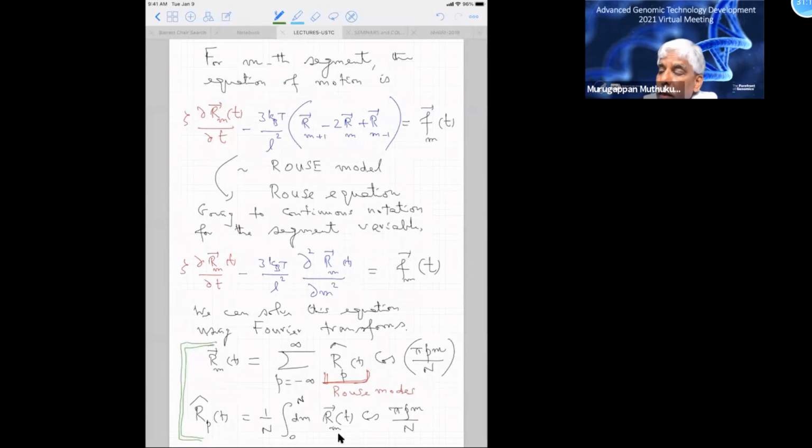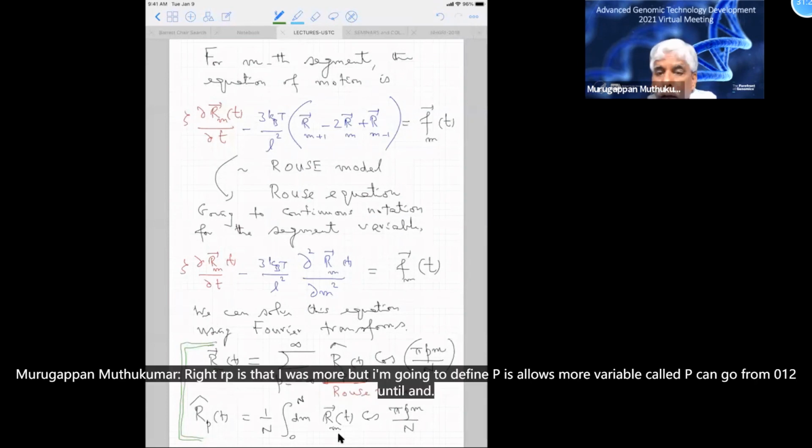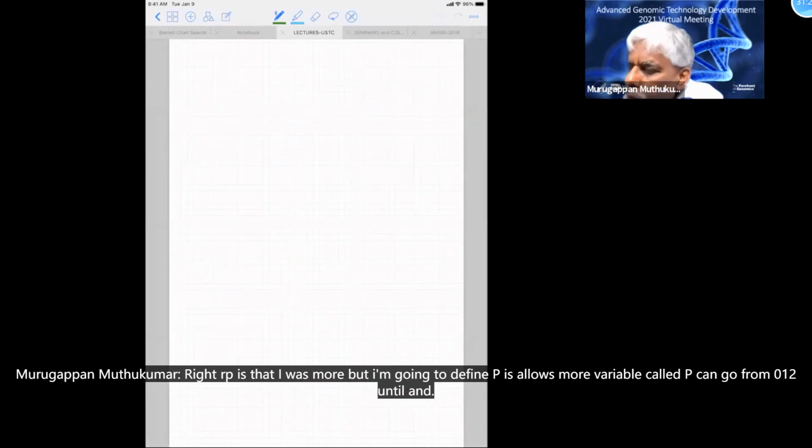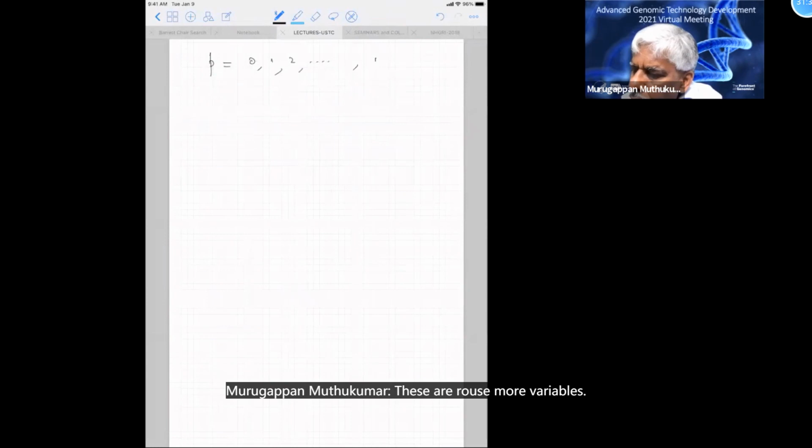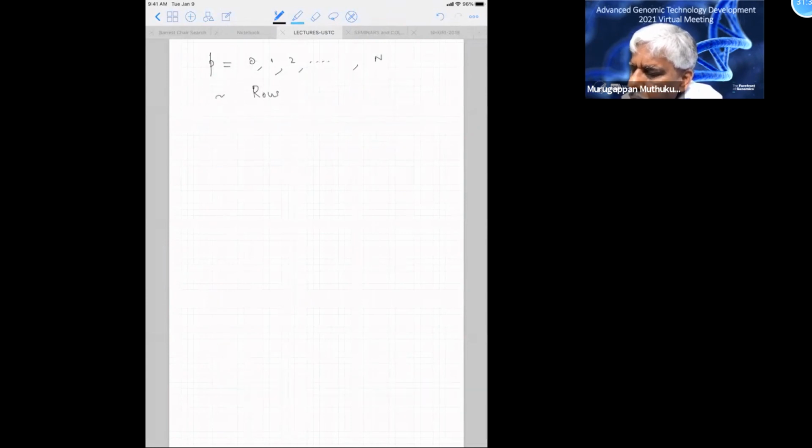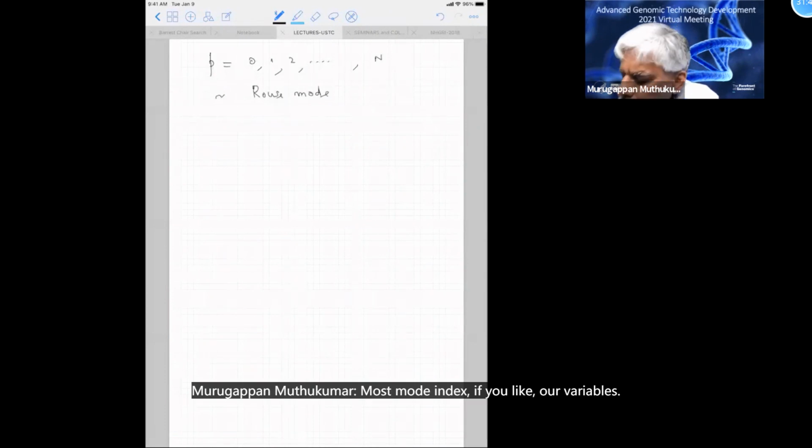Now p, right? R_p is a Rouse mode, but I'm going to define p as a Rouse mode variable. I'll call it p, which can go from 0, 1, 2, until N. These are Rouse mode variables, the Rouse mode index, if you like.